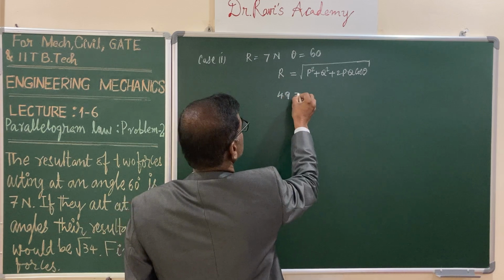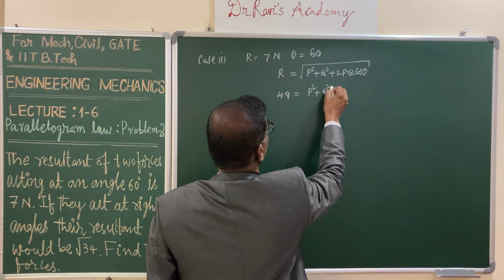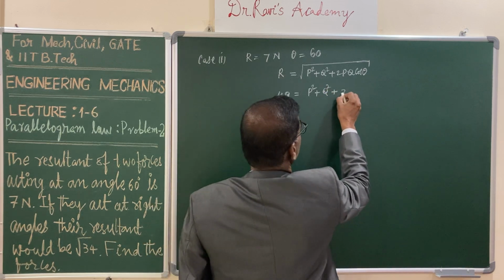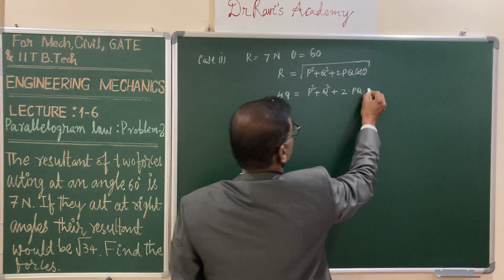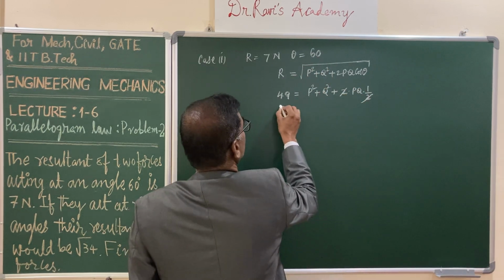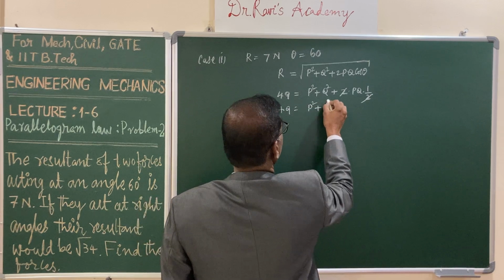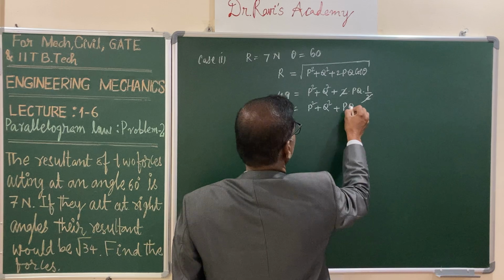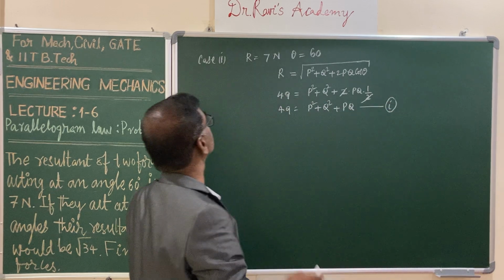So 49 is equal to P square plus Q square plus 2PQ cos 60, and cos 60 is 1 by 2, so this becomes 49 is equal to P square plus Q square plus PQ. Let this be equation 1 for case 1.